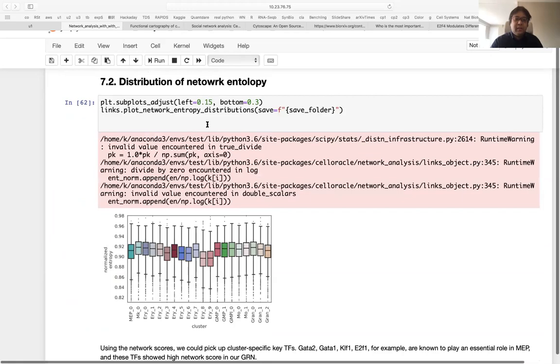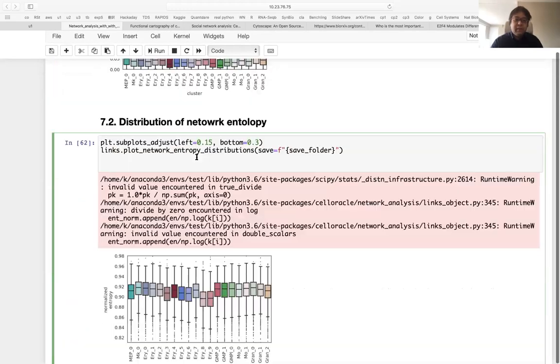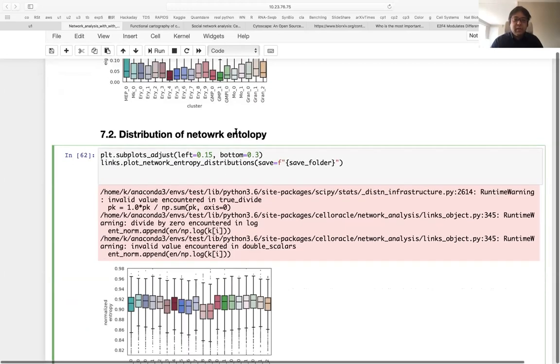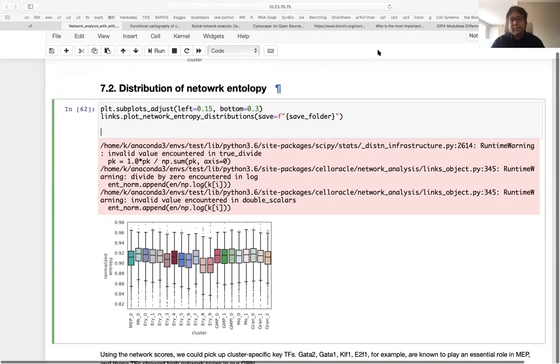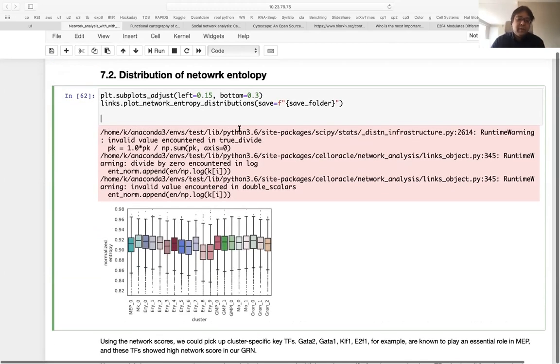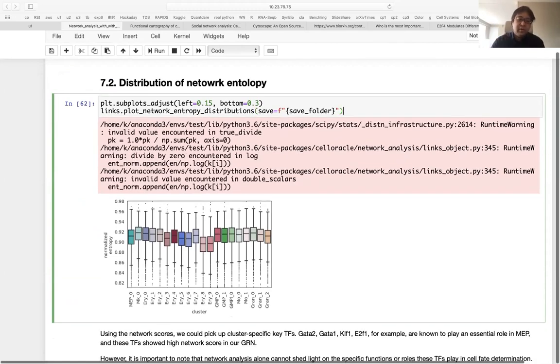We can calculate the network entropy based on your GRN structure. The network entropy is based on the number of edges and the strength of your network connections.